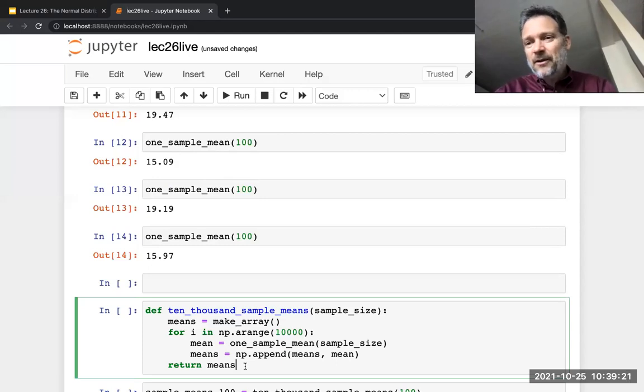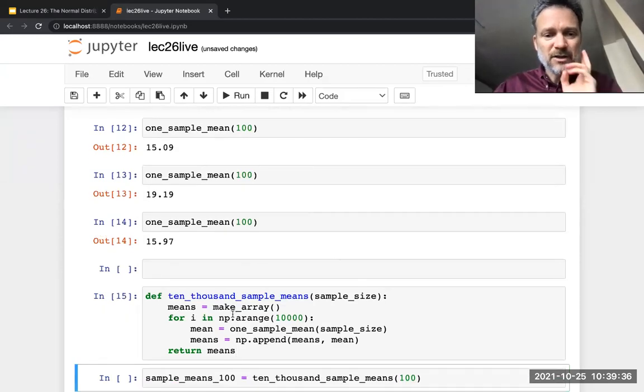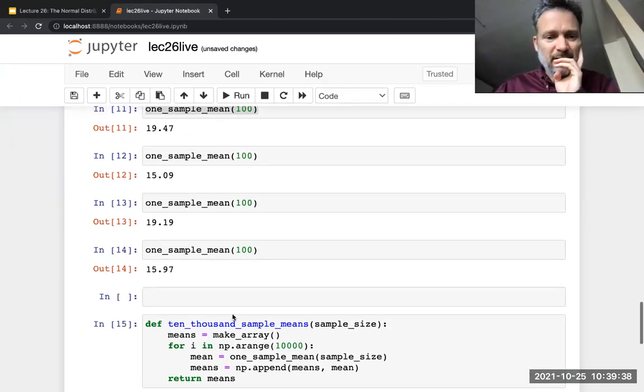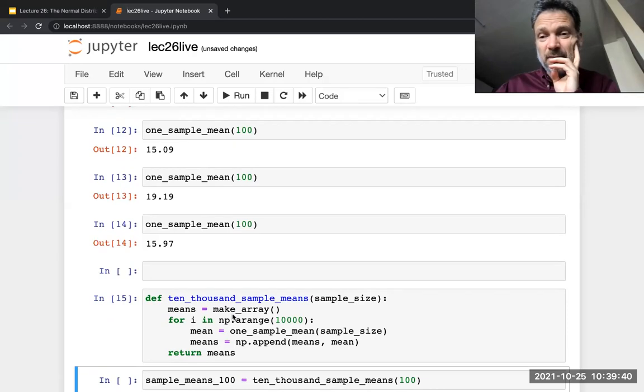I'm going to collect all of those sample averages, and then display a histogram of them to look at the distribution of the sample averages. So I wrote some code to do that, and I'm going to run it in a minute to generate the distribution.